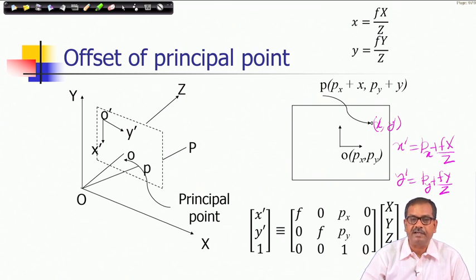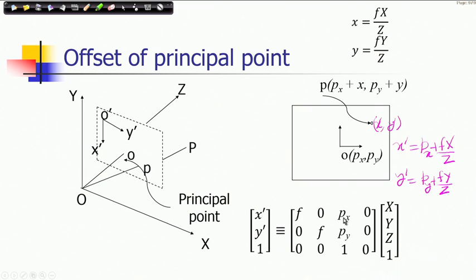That means, the projection matrix, as you can see, the third column of the projection matrix will be changed from 0 0 1 to Px Py 1. You can verify the corresponding expressions. You will see that x prime is equal to f x.